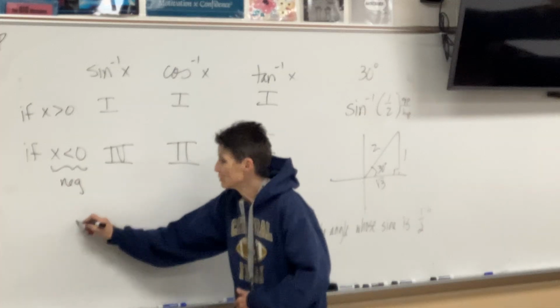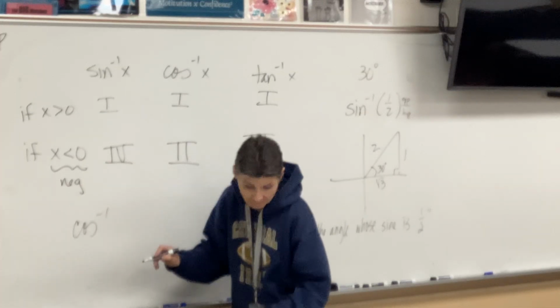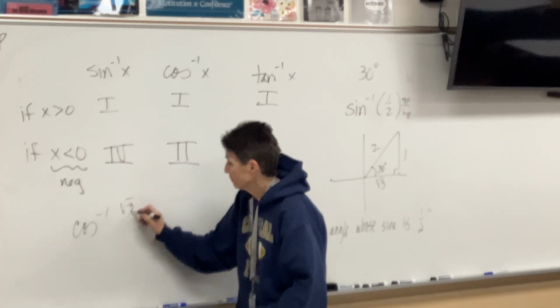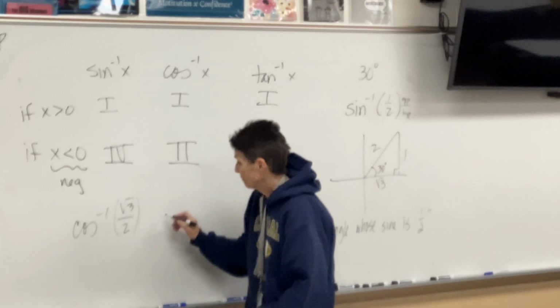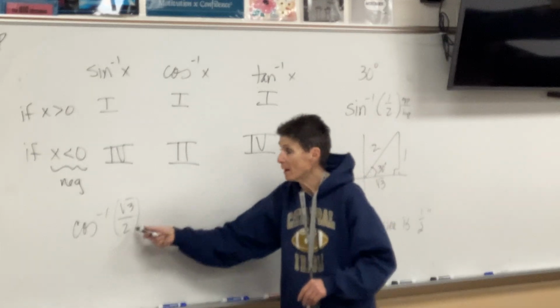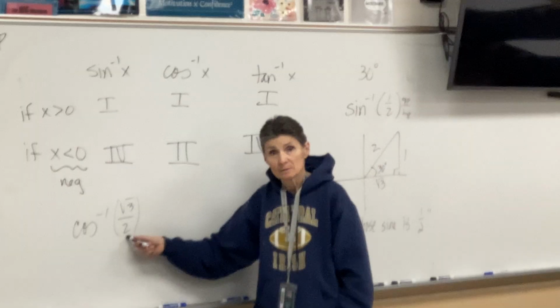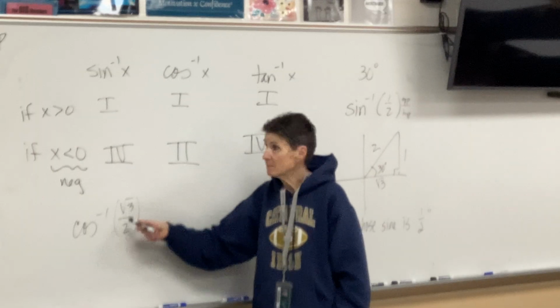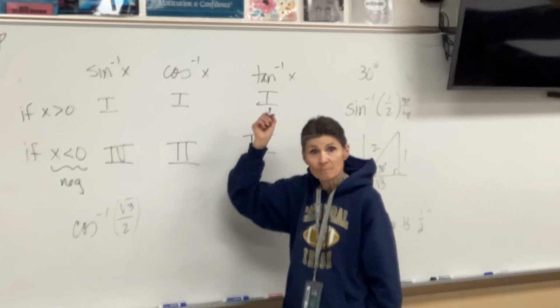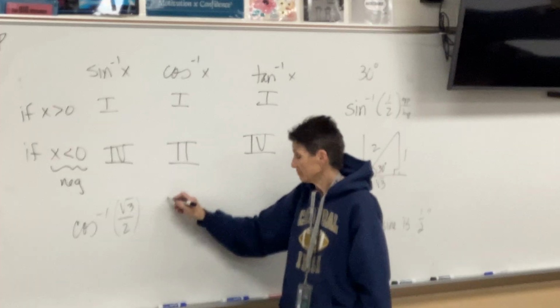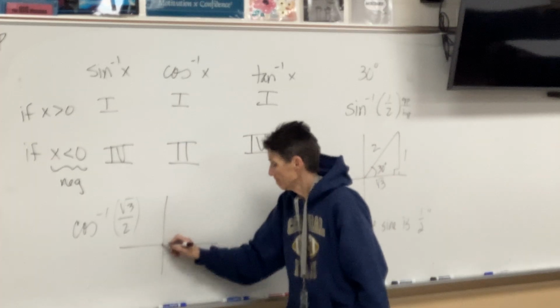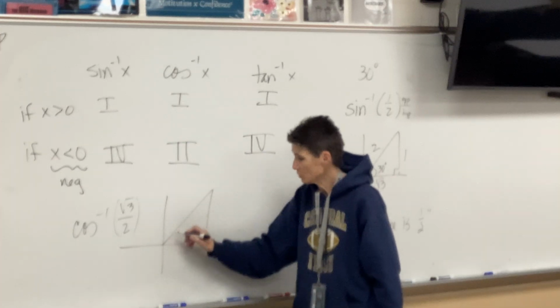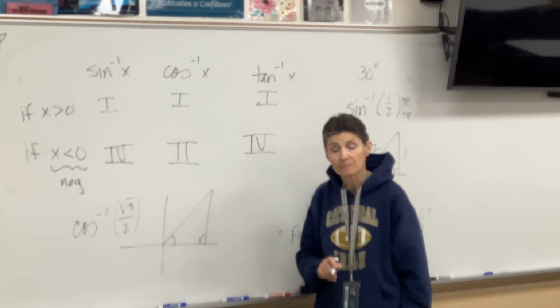Find the angle whose cosine is √3 over 2. Okay, now wait a second, guys. That's a positive number. Positive numbers are drawn in quadrant 1. Here's what I'm looking for right there, that angle.